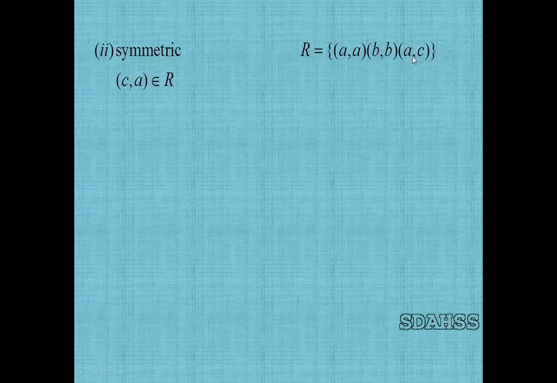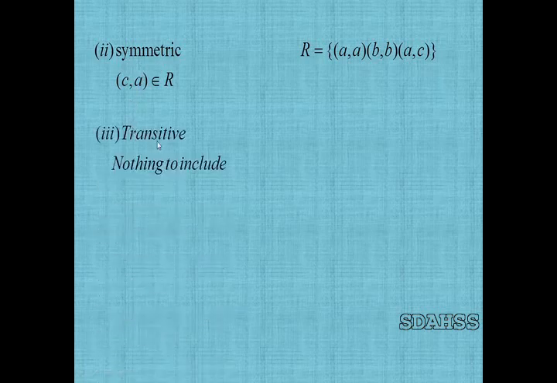Here see the last pair, (a, c). So (a, c) implies (c, a). If you include (c, a), it becomes symmetric. So the minimum ordered pair is (c, a).